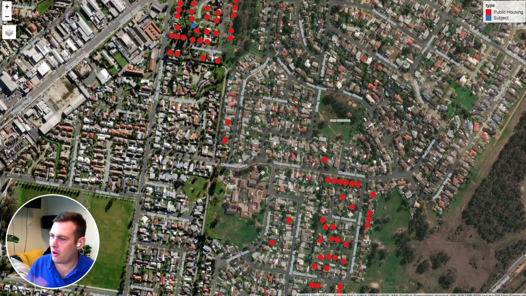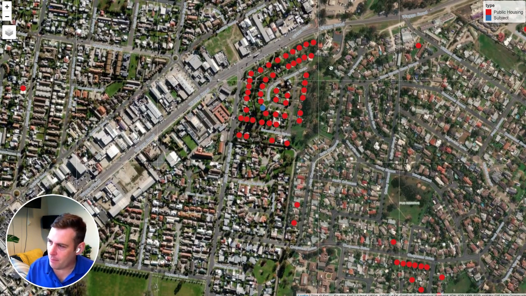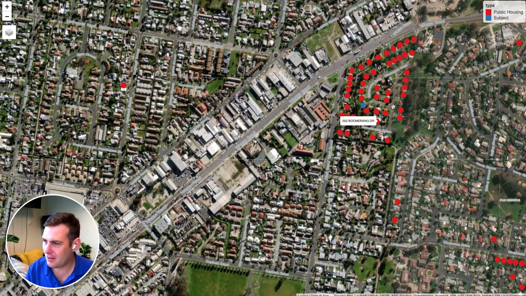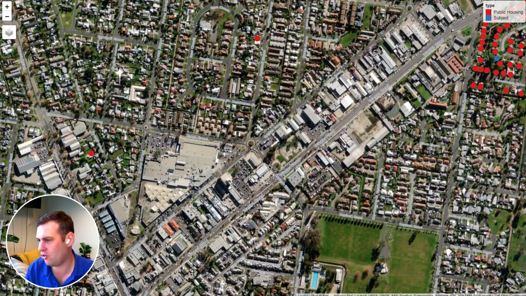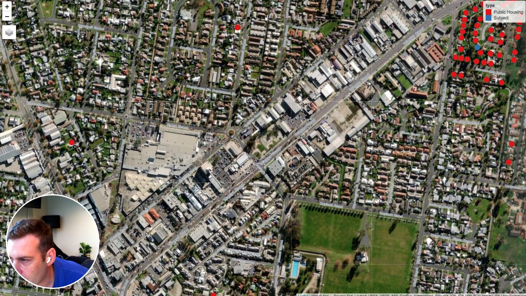Now, the general rule that I like to adhere to is we don't want to be buying in these clusters of public housing, okay? It's the obvious. But we also don't want to be buying between the clusters of public housing and the main drivers of utility in the area, okay? So if there's a train station here, we don't want to be basically living here because these people might walk down this, what's it called? Dick Road.